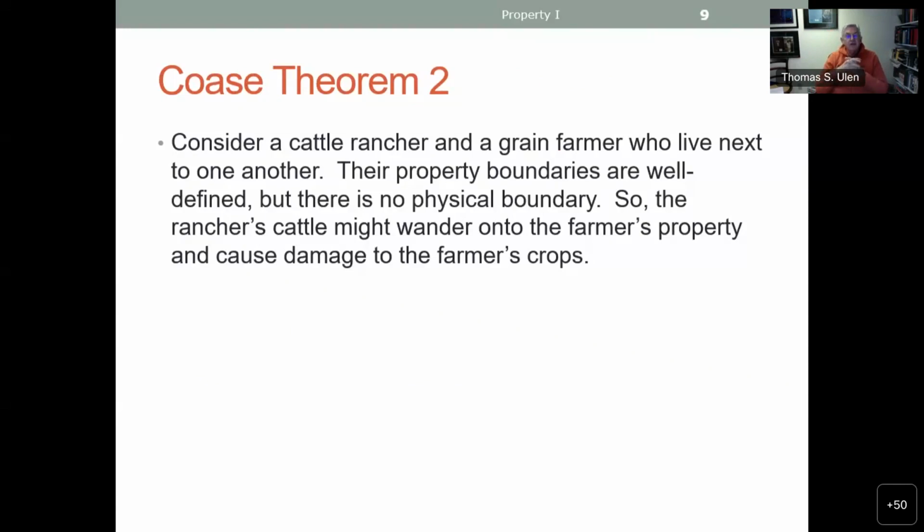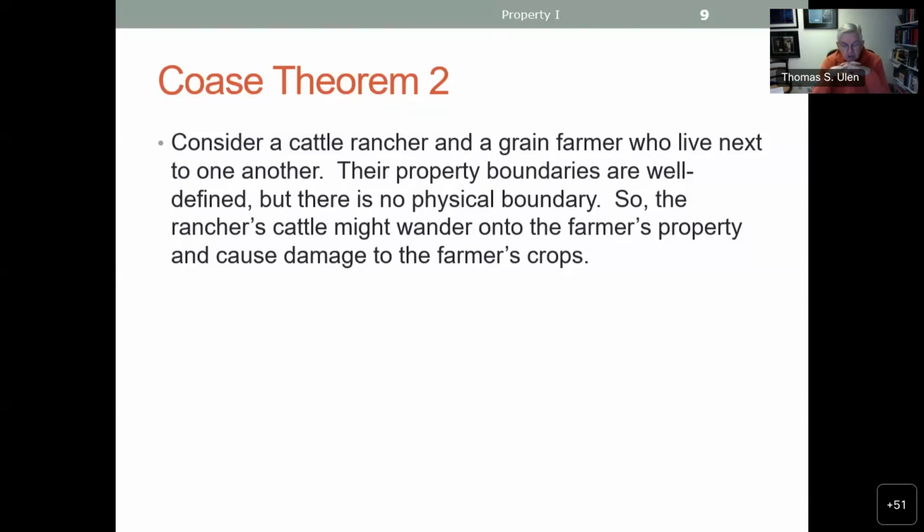Their property boundaries are well established, but there is no physical boundary. There's no fence or ditch or any demarcation line, but they know where it is. So it's possible that the rancher's cattle might wander onto the farmer's property and cause damage to the farmer's crops.